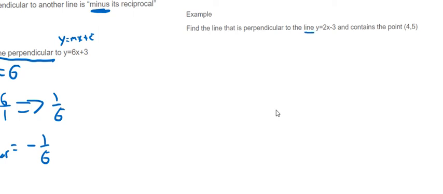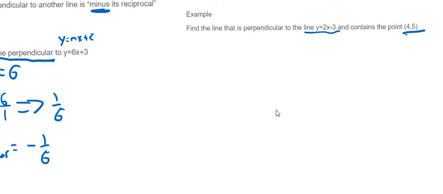In order to find the equation of any line, we need two things: the slope and a point on the line. We're given a point already, and we're also given that the line is perpendicular to y equals 2x minus 3.